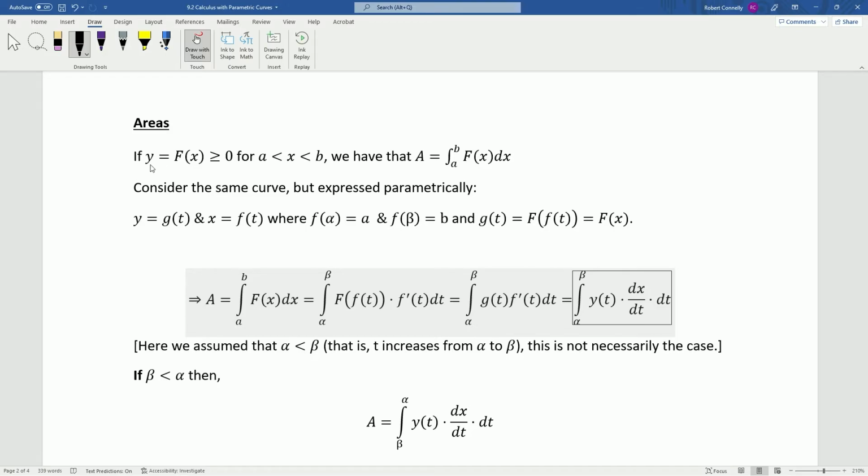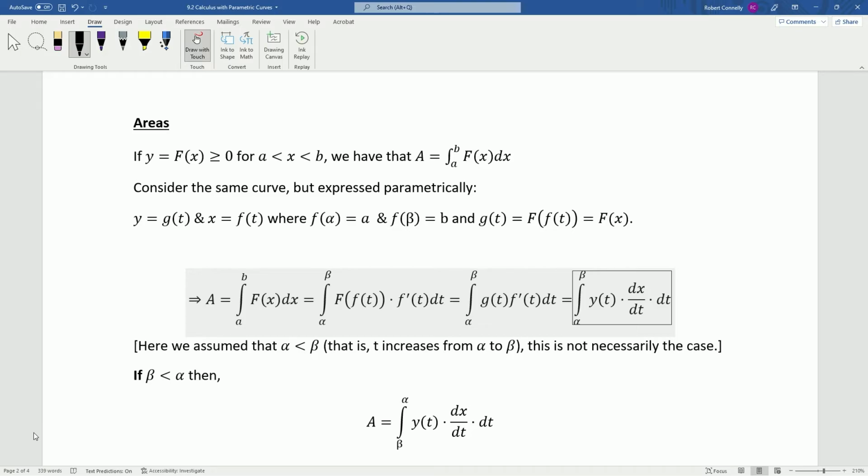So here we're considering a function, y equals cap F of x, which is strictly greater than or equal to 0 for all x between a and b. And in general, we would say that the area is the integral from a to b of cap F of x dx. But it might be that we have this curve expressed parametrically and not in Cartesian standard equations.